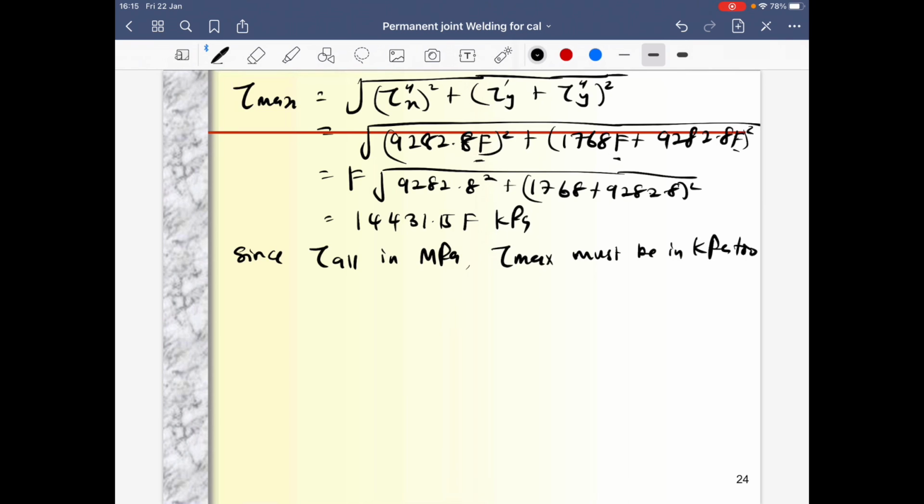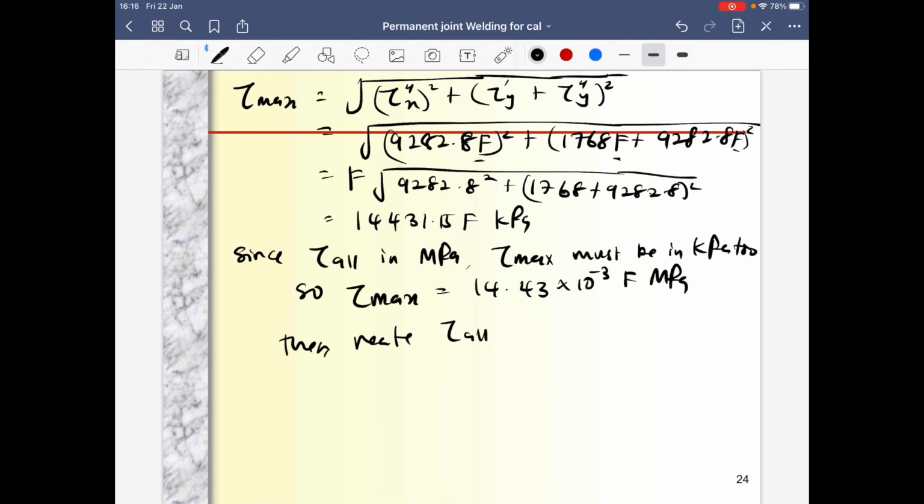So what we do, our tau max becomes 14.43 power of minus 3 F megapascal. Then you can relate both of them, then relate the tau all and tau max.